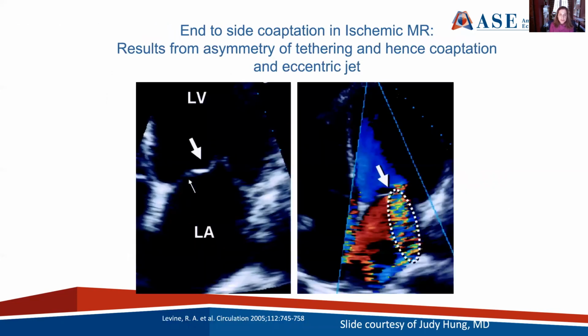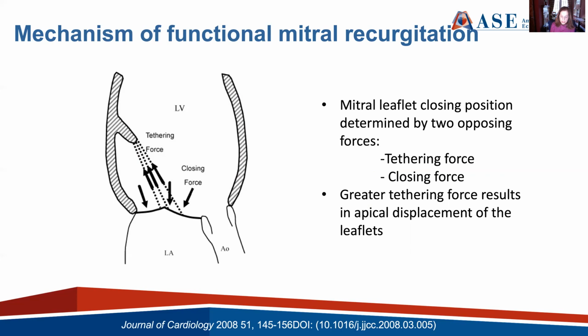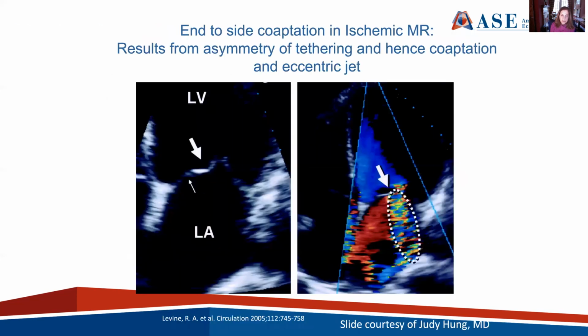And here's a slide that was borrowed from my colleague Judy Hung, and this definitely tells you that the posterior leaflet here is restricted, and you end up with an end to side configuration. Instead of having the anterior and the posterior leaflet meet at the tips, you have the anterior leaflet meeting at the side of the posterior leaflet.